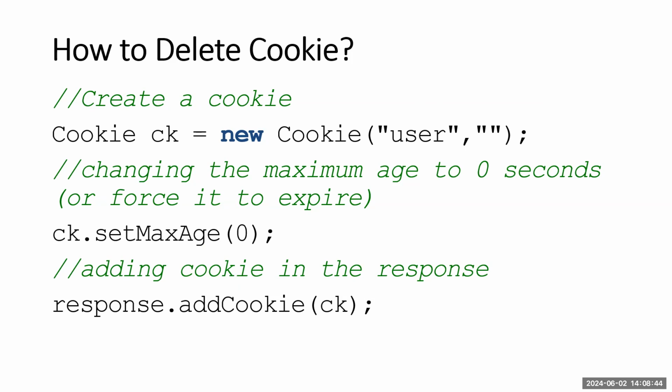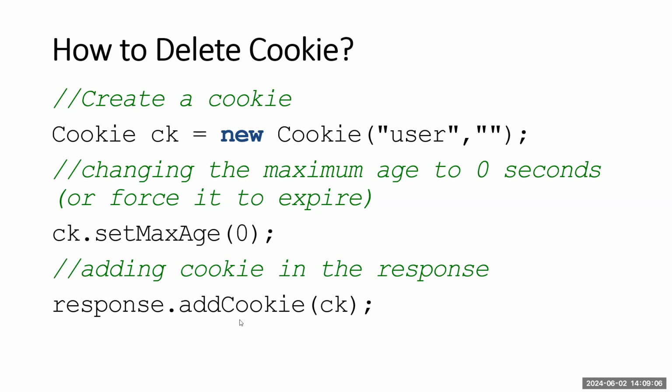The browser periodically checks whether there are any expired cookies, then the browser will delete it. Again, there's no guarantee that the cookie is deleted immediately, but usually browsers check periodically for expired cookies. And again, you add the cookie.